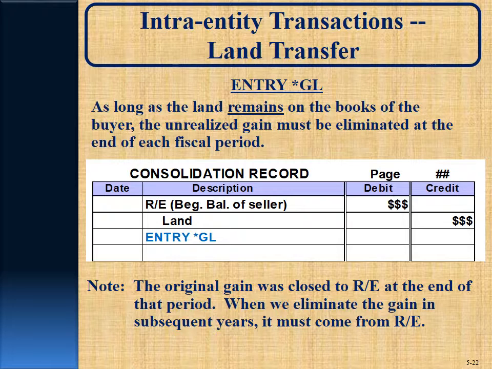Okay? In consolidation, the land account, if we did no type of elimination here, would have a balance of 100,000 because Hastings took out all their land.